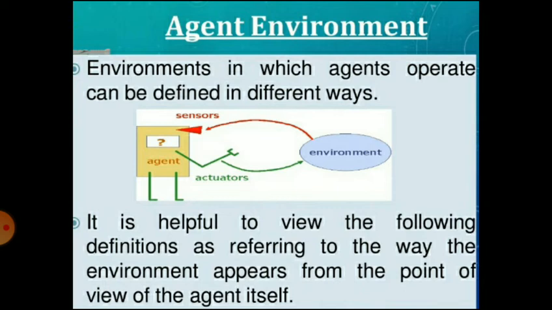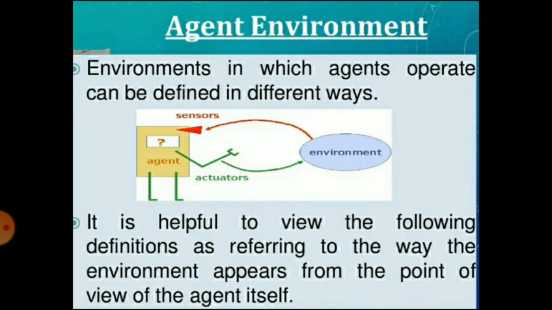Then partially observable means the agent does not know the whole environment, but he partially knows. Take one example of a partially observable environment. An agent driving a car doesn't know how many cars are there on the road, or how many people are walking on the road, but he knows the braking system, or he has to apply the brake.